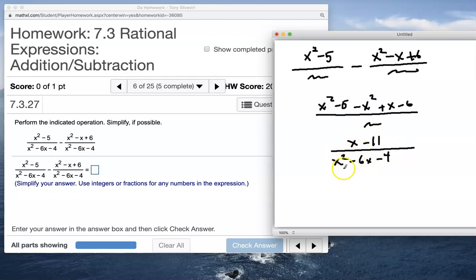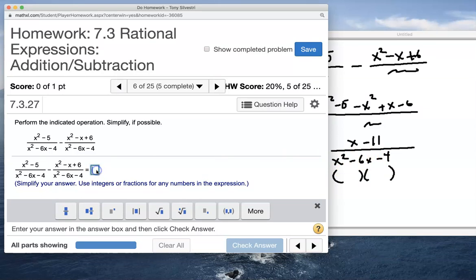There's a chance that if I were to break this up into separate factors, maybe you can generate a factor that cancels out the top, but you can't. There's not much you can do with this. In fact, you can't even factor this because there's no 2 numbers that multiply out to be 4, add or subtract to be 6. It doesn't even exist. So it is what it is right here.